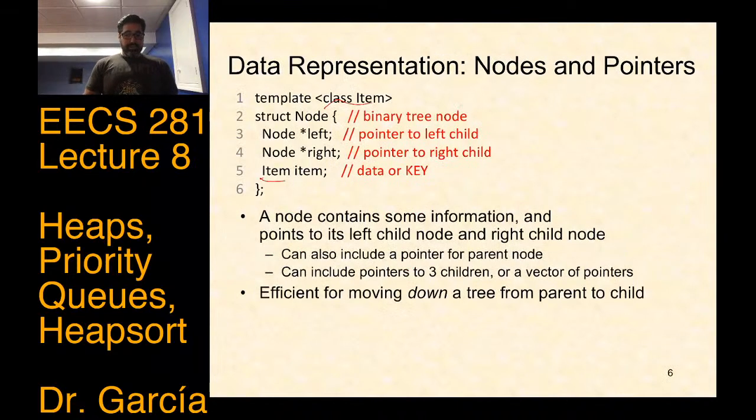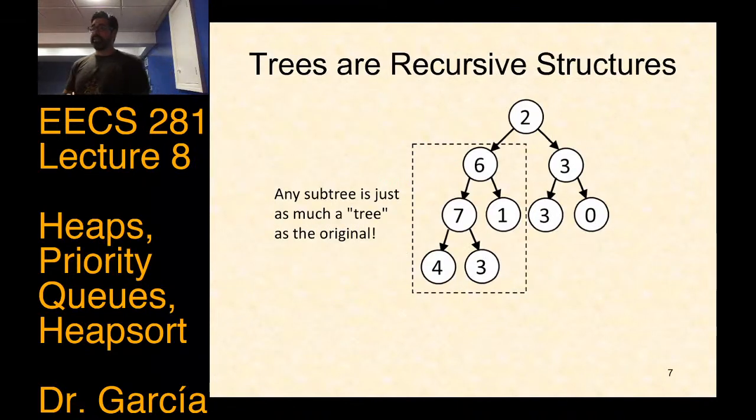All right, so I guess this hints at even the questions that were being asked in the chat. Trees are recursive structures. Any subtree is as much a tree as the original, which is why root nodes for a subtree can also be internal nodes.